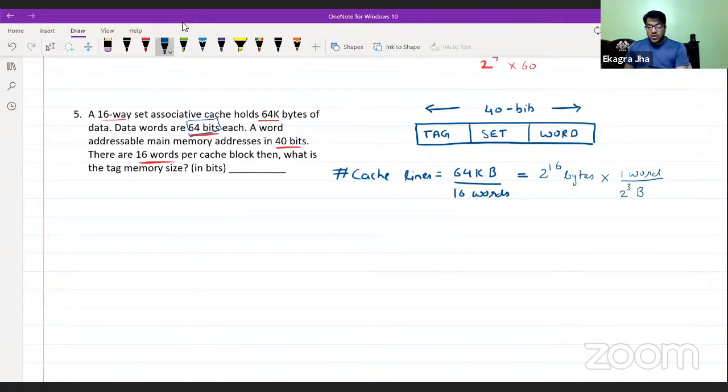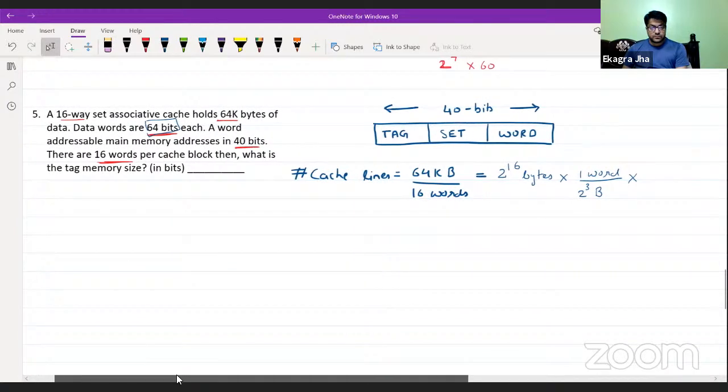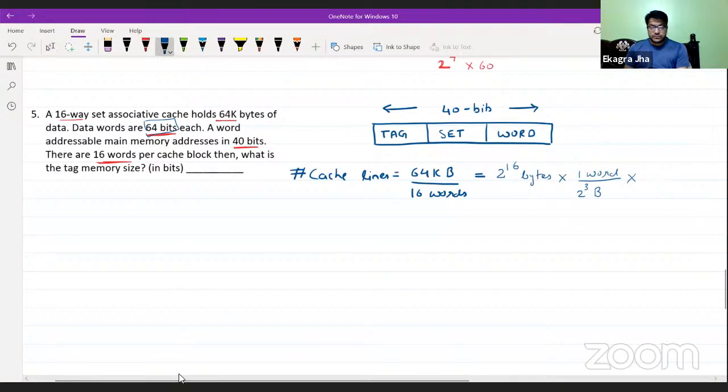Fine. Multiply by one block, where a block size is actually 16 words.